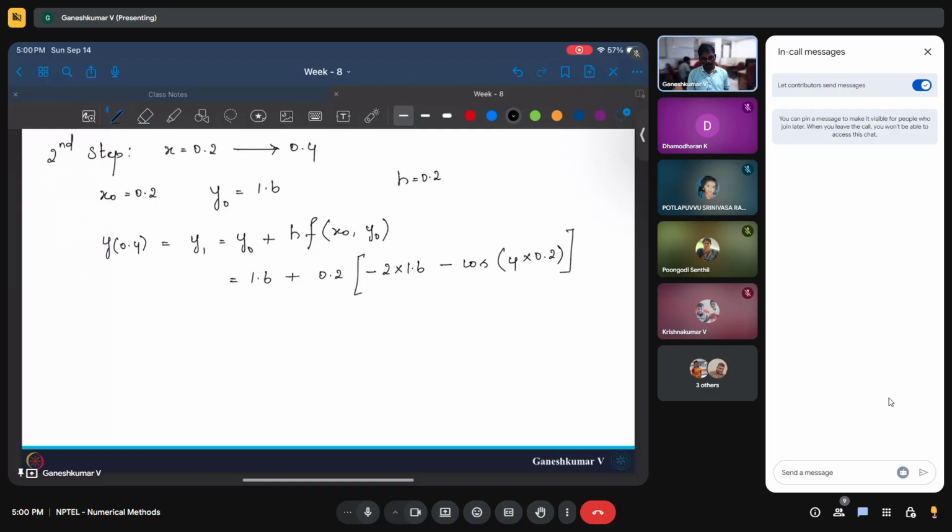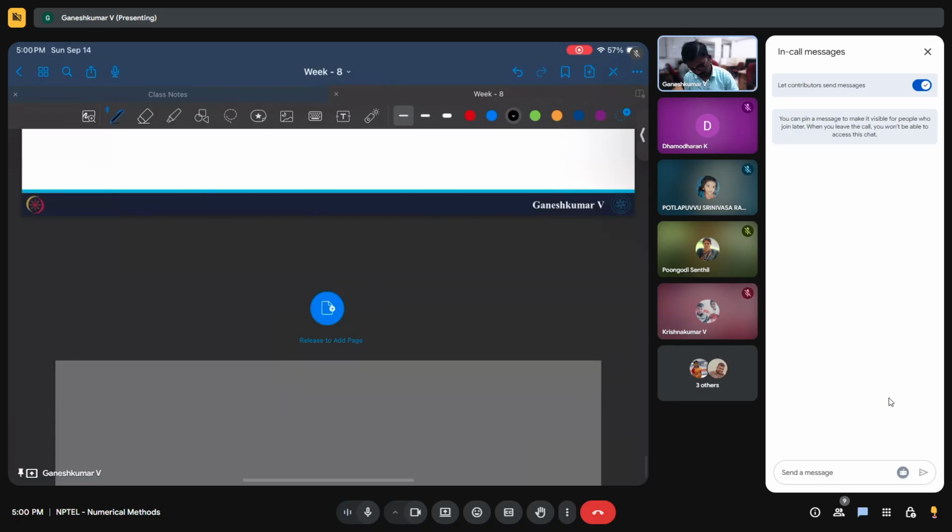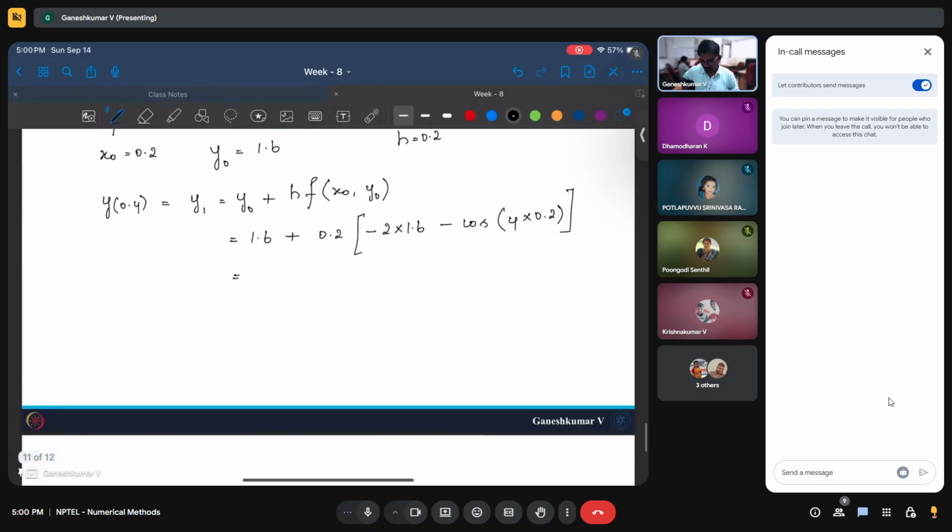Okay, that's it. Now you need to evaluate this value. That will be your y at 0.4. Let's try to evaluate that. This is 1.6 plus 0.2 into minus 2 into 1.6 minus cos of 0.8, which is 0.6967.